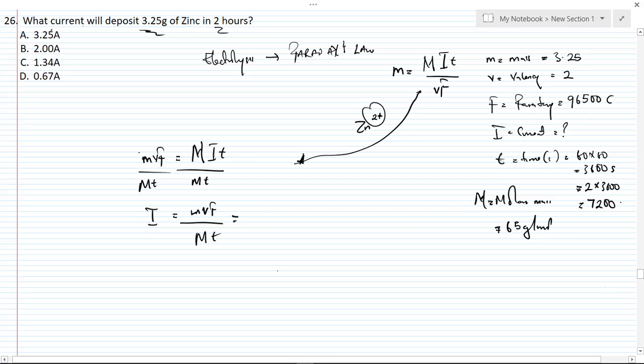Inserting the values, we have 3.25 times 2 times 96,500 divided by 65 times 7,200.